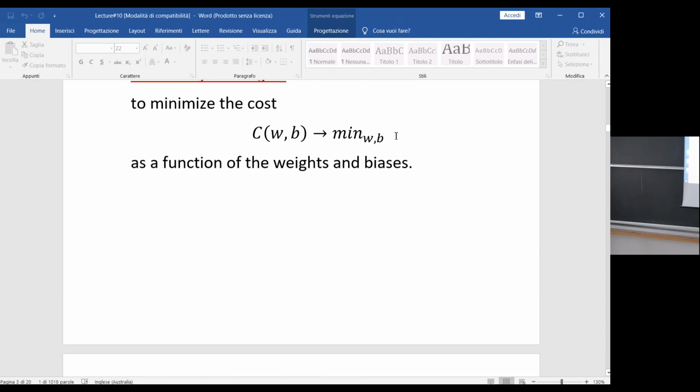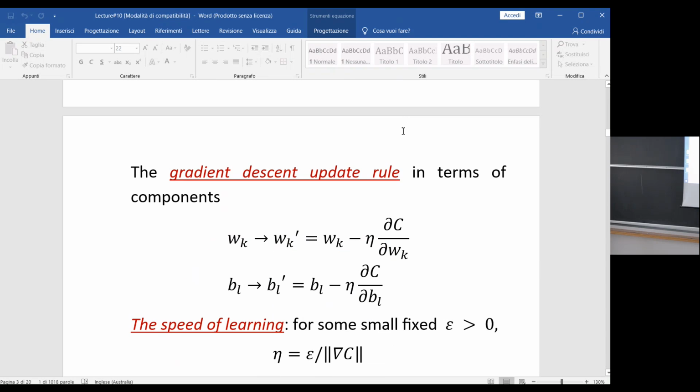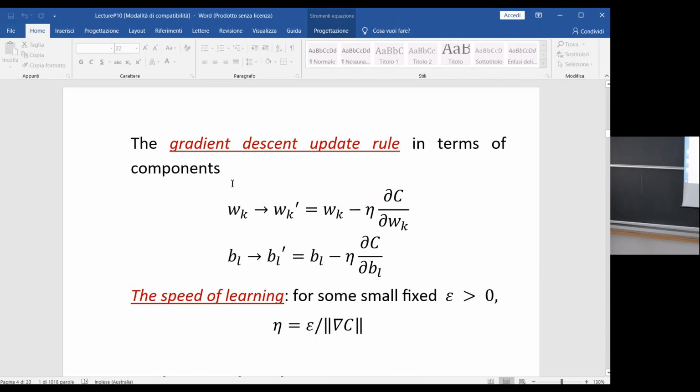Then, when we state this problem, the gradient descent update rule in terms of components will be: we substitute w_k by w_k prime, which is w_k minus eta times the derivative of C by w_k, and the same update rule for the biases.